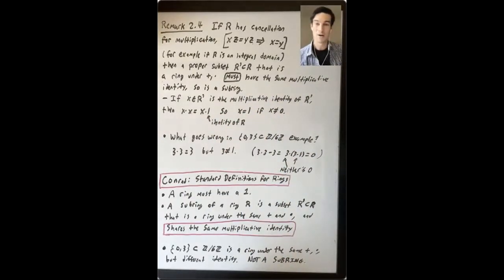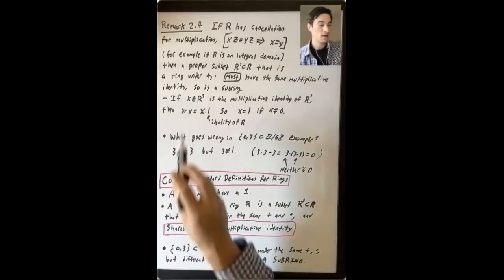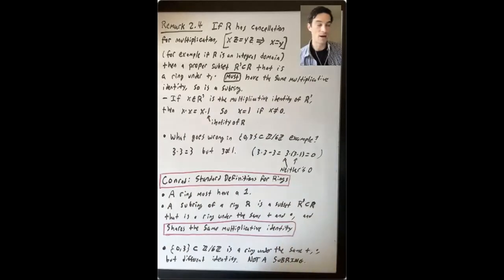So you can't end up in this weird case where you have a ring that is a subset, but the multiplicative identities are different. Let's see why that's true. Let's say that x in R prime is the multiplicative identity of R prime.